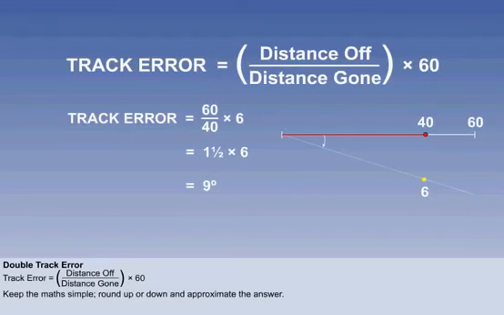Having calculated the track error, we need to decide how to use it to continue our navigation. Clearly, we do not wish to continue deviating from our planned track. Let's put some values into the example. Suppose our planned track is 090, and the total distance is 100 nautical miles.